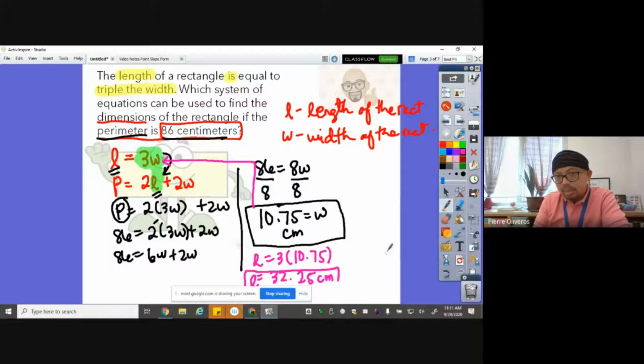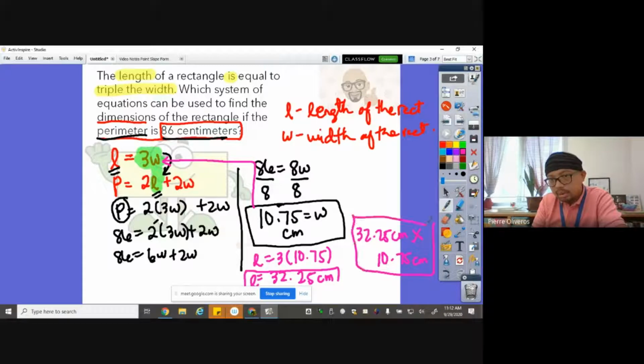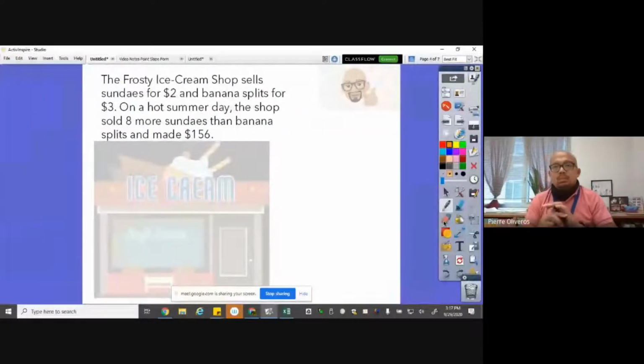So our dimension will be 32.25 centimeters by 10.75 centimeters. This is the dimension. All right, let's go now to the next problem.